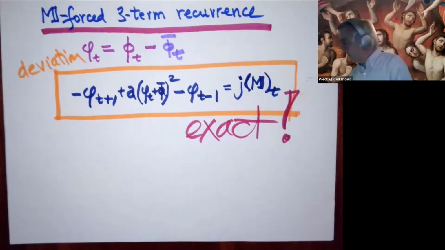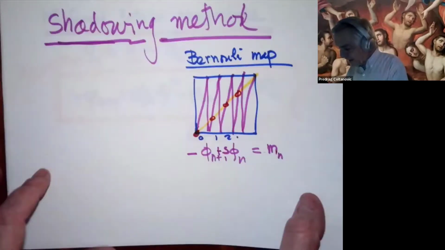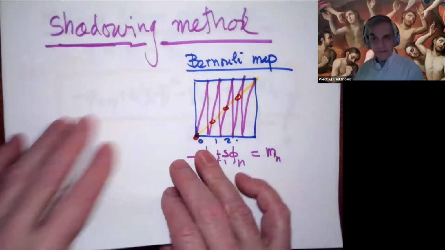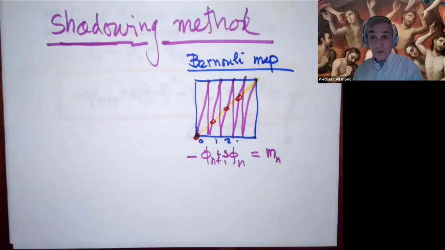Now, the reason why I call this the shadowing method is that once you understand it, you can improve it, because there is no reason why you should always use fixed points, which could be quite far away from the states you're interested in. If you have period 2 solutions, period 3 solutions, you can put them into this machinery, and you'll just be shadowing better.